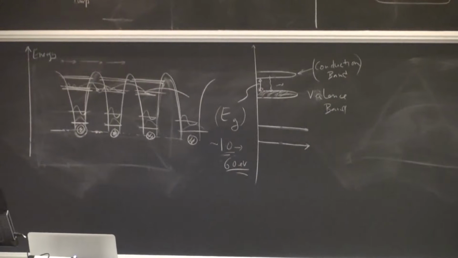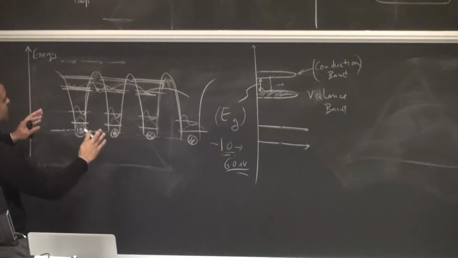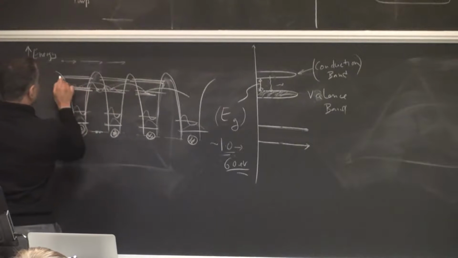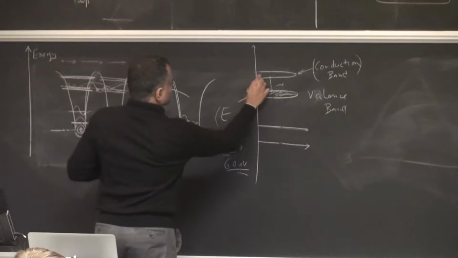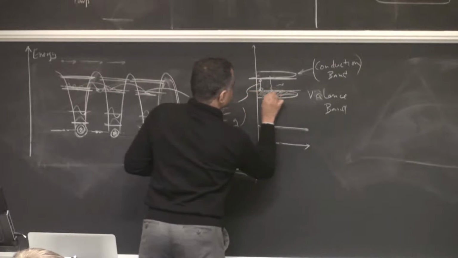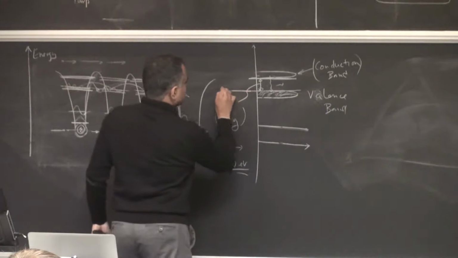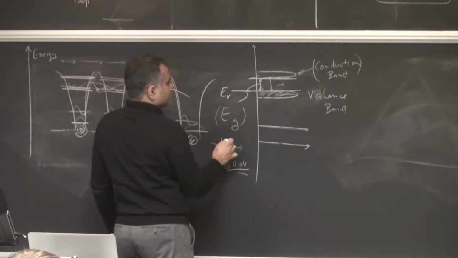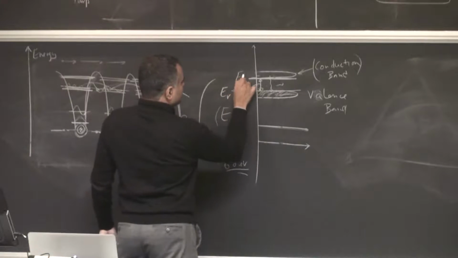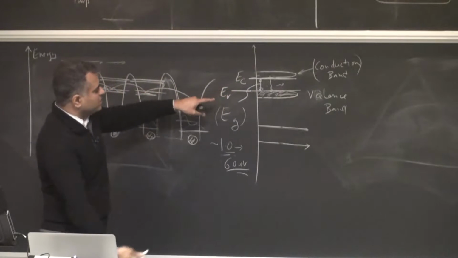Okay, so now looking at even a slightly bigger picture, the conduction band edge, this is the smallest energy of the conduction band, and that's the highest energy of the valence band. We're going to refer to the highest energy of the valence band as EV and the smallest energy of the conduction band as E sub C. These are unique energies.